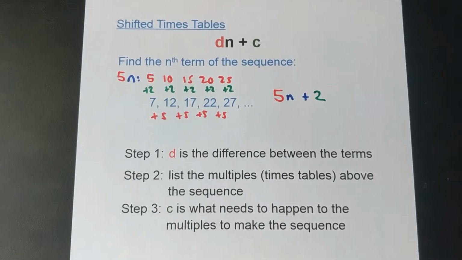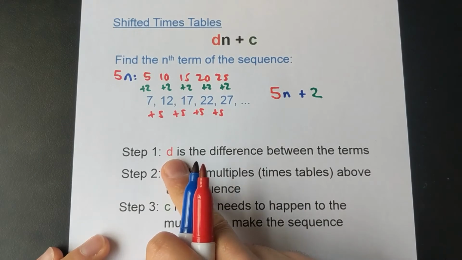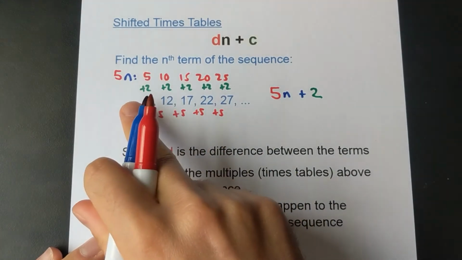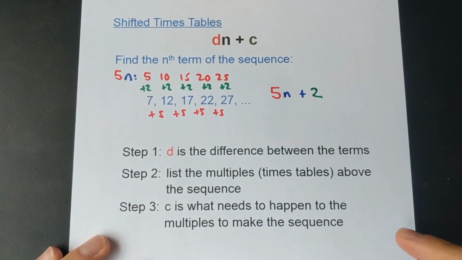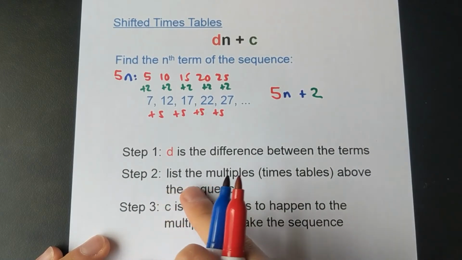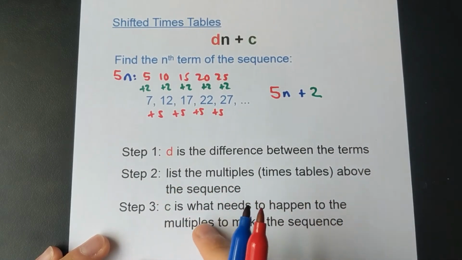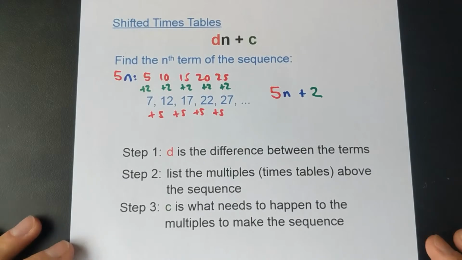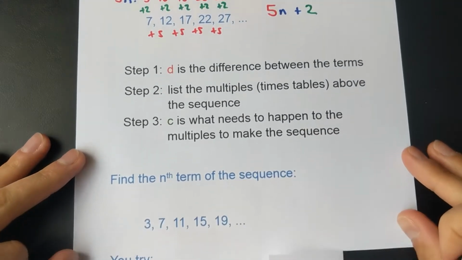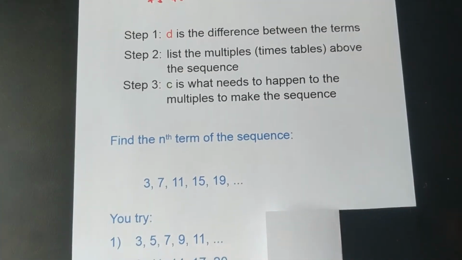This method is called the shifted times table method. D, the number in front of n, is the difference between the terms. So here it was adding 5 each time. List these multiples above the sequence, and then C is what needs to happen to that sequence to get the sequence that you've been given.